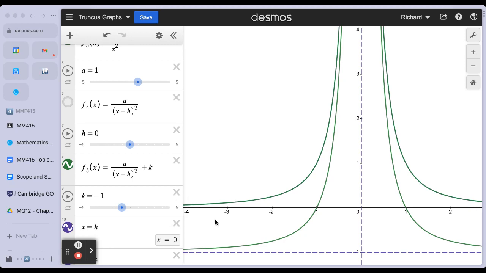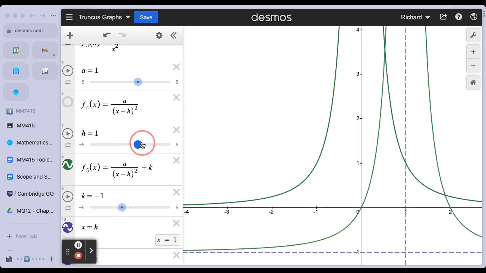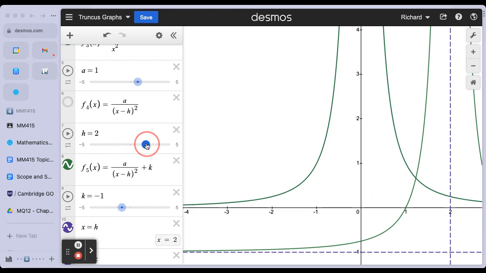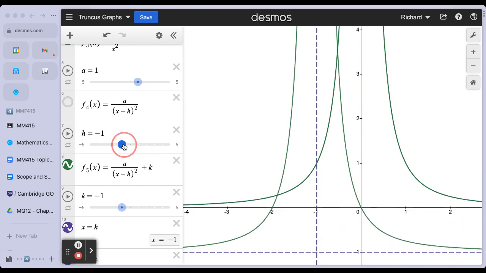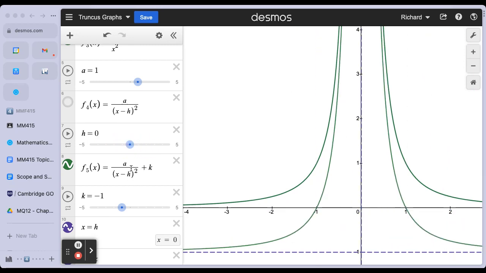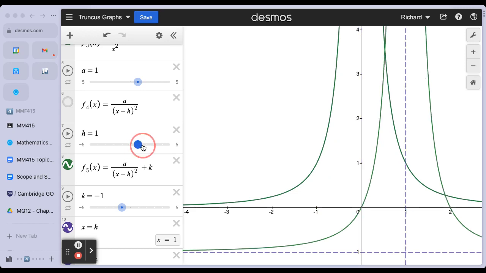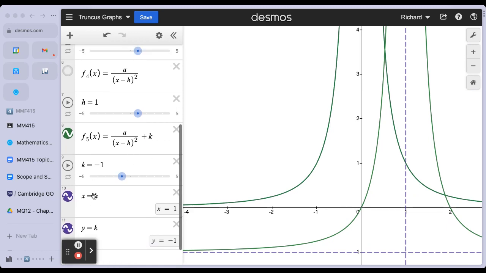So if k is negative, you're going to have an x-intercept, probably 2, almost definitely 2. If h has a value along here or along here, we're going to have a y-intercept of some description. So sometimes you have to work it out, sometimes you don't. And yeah, that's basically it.